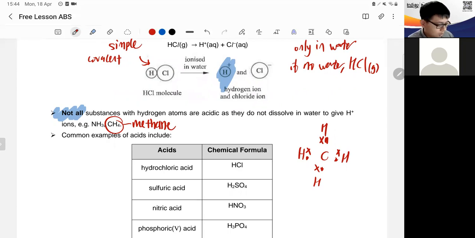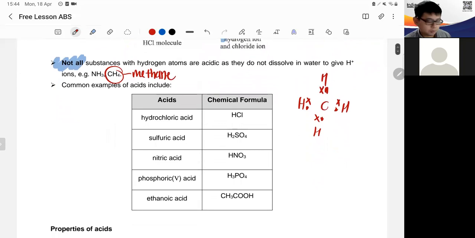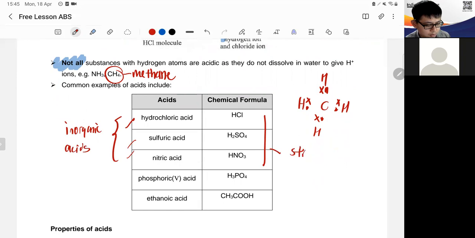So the few that you learn, at least the first three, these are your inorganic acids, in a sense that they don't contain organic compounds, and these three coincidentally happen to be your strong acids. We'll talk about acid strength in just a moment, but what you do realize is that they have H in them, and since they're acidic, you put them in water, they will dissociate to give H plus ions.